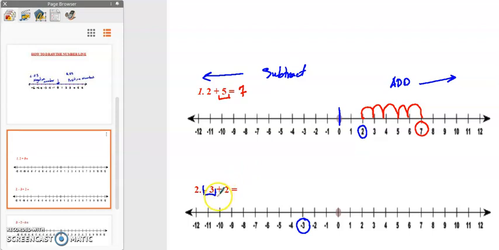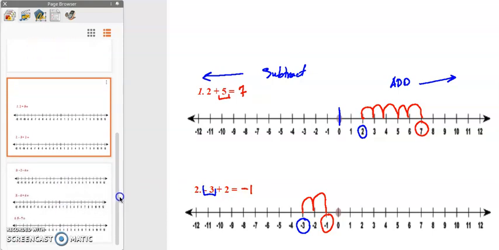So negative 3 plus 2. Which direction do you go whenever you're adding? We go to the right side. So you start from negative 3 and add 2: 1, 2, which lands us on negative 1. So negative 3 plus 2 is negative 1.